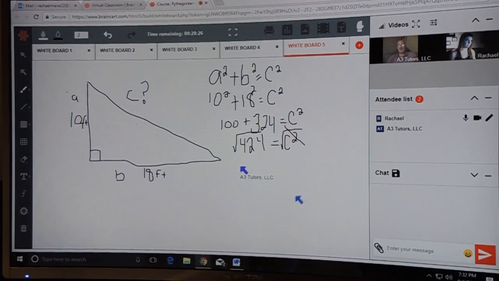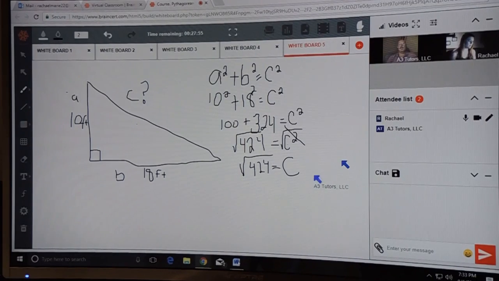Correct. So I'm going to rewrite this quickly. 424 equals C, not C squared. So we're almost completed solving this. Do you have your calculator? Do you know what the square root of 424 is? It might not be a perfect square.